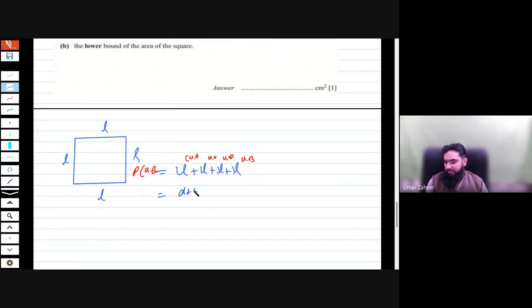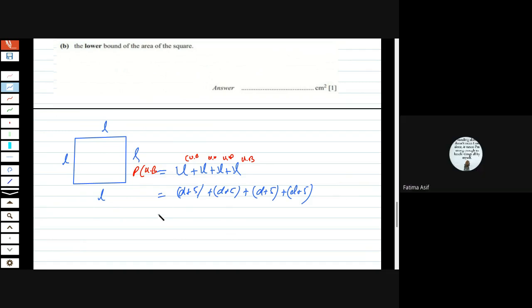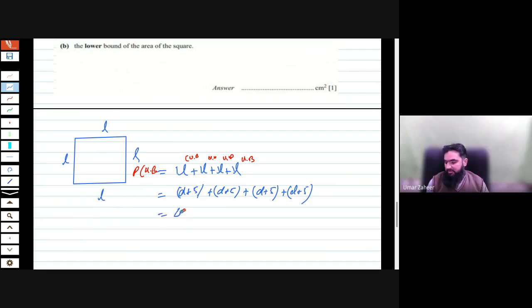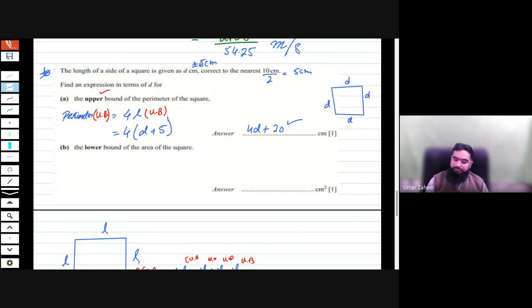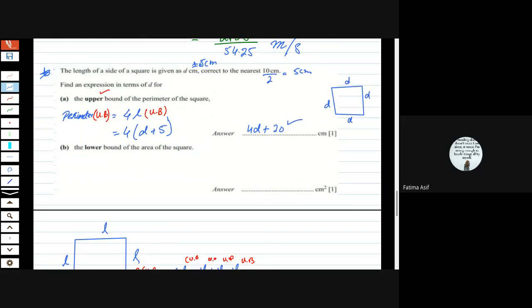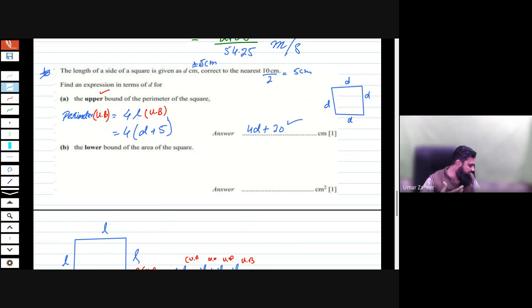Yeah. d plus 5, d plus 5, d plus 5, and d plus 5, right? Yeah. So if you add them, it will be d plus d plus d plus d, that is 4d, 5 plus 5 plus 5 plus 5, that is 20, 4d plus 20. Basically, when the scalar number is multiplying, that shows the addition. How many times the number is going to be added?